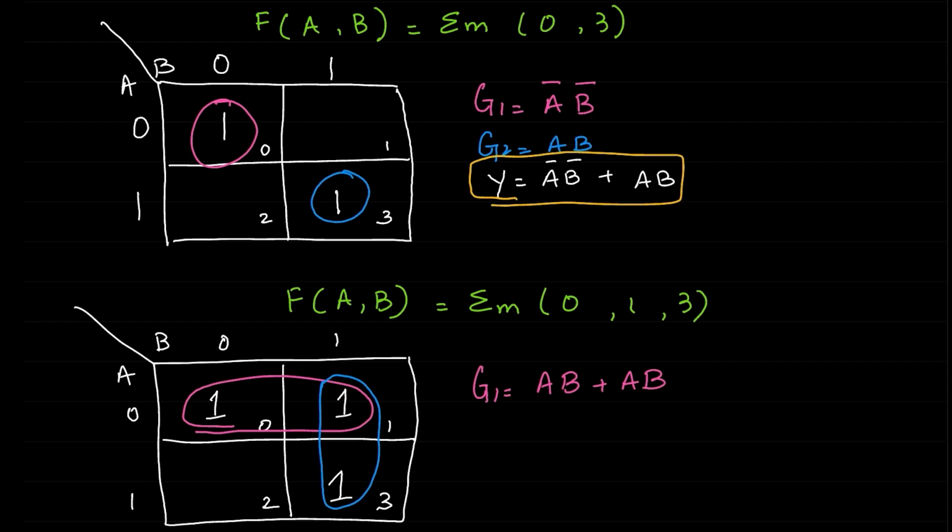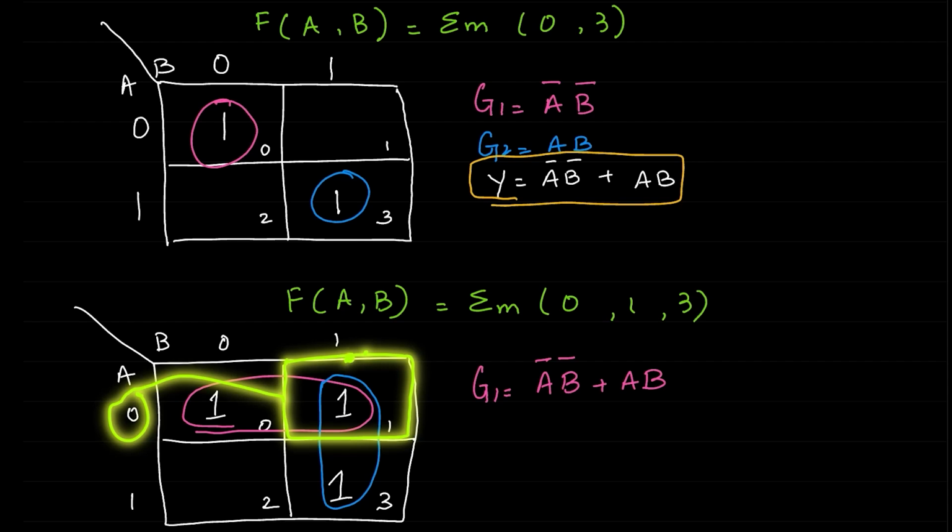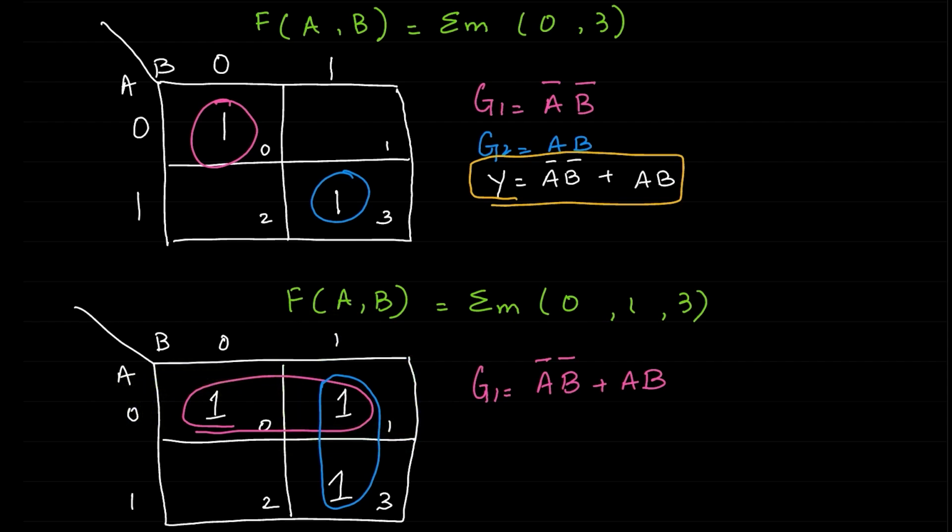Now we need to find where the zeros are in A and B. In the first cell, both A and B are zeros, so we will call it A bar B bar. In the second cell, A is 0 and B is 1, so we will call it A bar B.